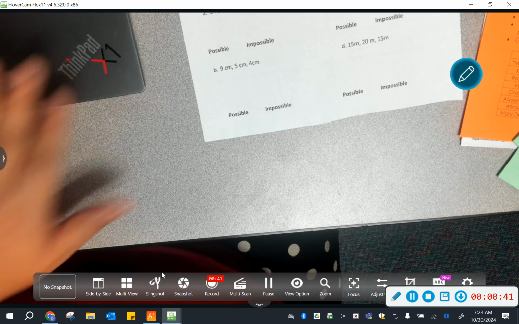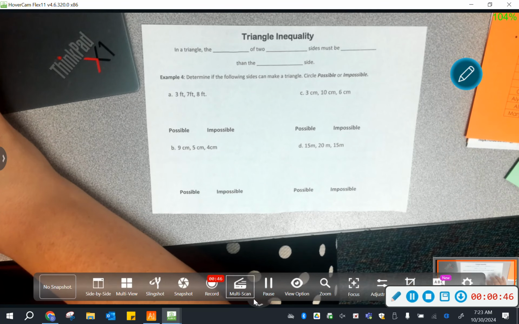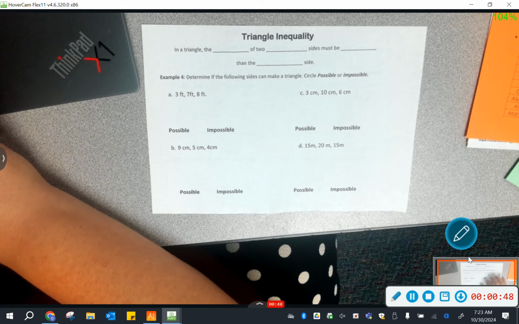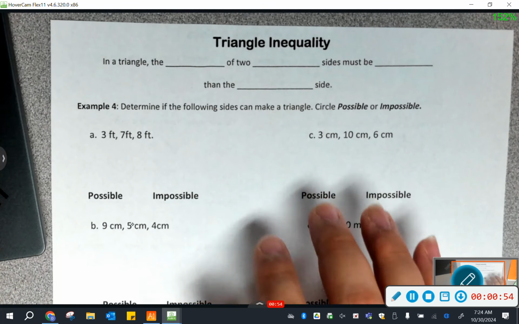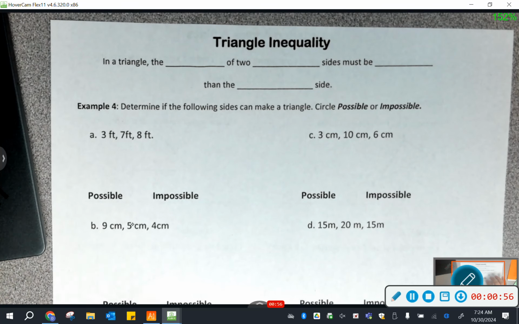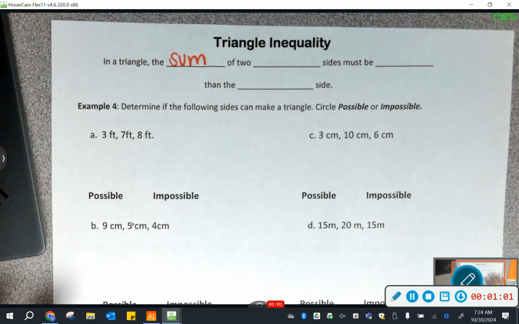All right, what we are going to be doing is something called the triangle inequality theorem. And what the triangle inequality theorem states is in a triangle, the sum, what does sum mean?